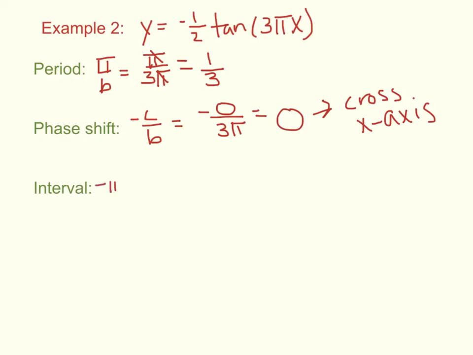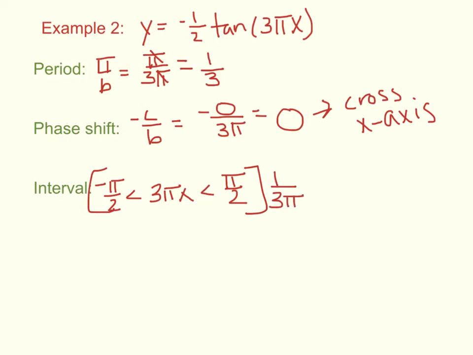And then our interval, we're going to start between -pi/2, take what's inside the parentheses, and +pi/2. Now in order to get rid of this 3 pi, you're going to divide by 3 pi, or we can take both sides and simply multiply by the reciprocal, which would be 1 over 3 pi.